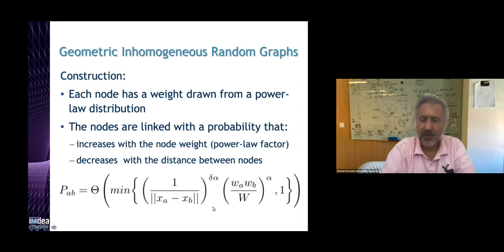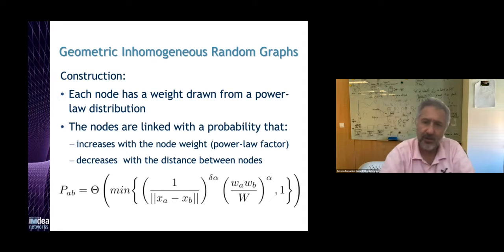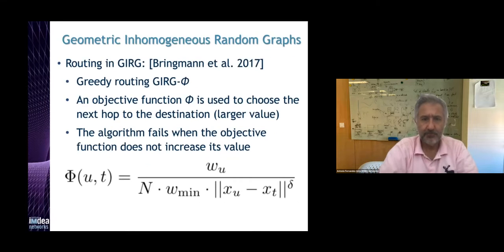So essentially, you're going to have a larger probability of choosing a node as your long distance neighbor if it's close to you, and therefore this first factor will be high, or it has a large weight. So it's combining the two aspects of these networks.